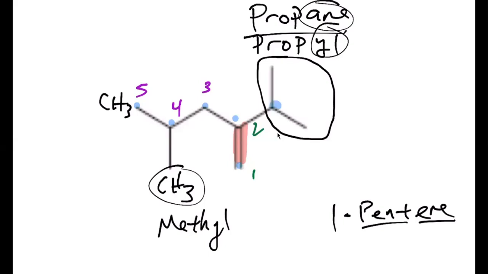Here, the 3-carbon chain is attached by that middle carbon. So there's a special name for this group. It's called an isopropyl. That's isopropyl because of the way that 3-carbon chain is attached to your longest chain. It's attached at the middle carbon of the propane chain, so we call it isopropyl.